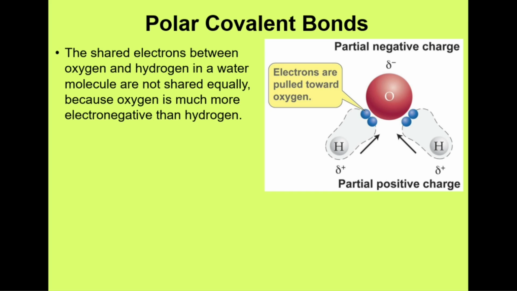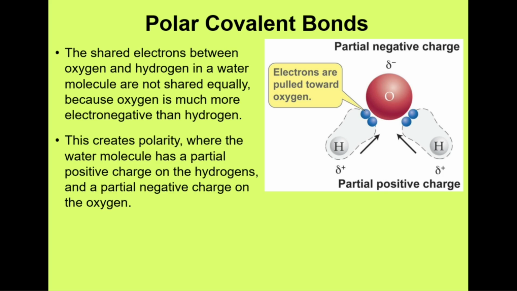So what does this mean for water then, as that's the example that I just used? Well, the shared electrons between oxygen and hydrogen in a water molecule are not shared equally because oxygen is much more electronegative than hydrogen, which is what we just discussed. This creates something called polarity.